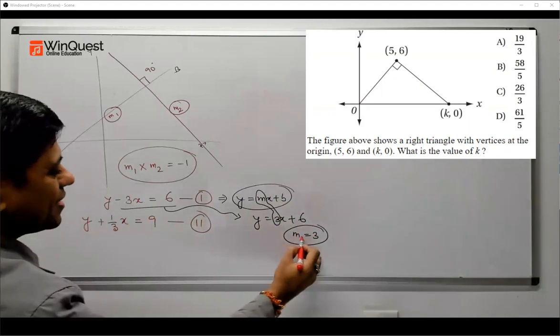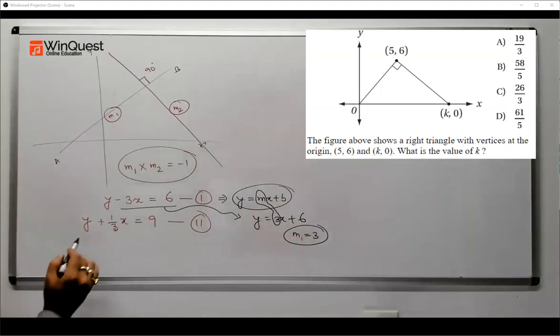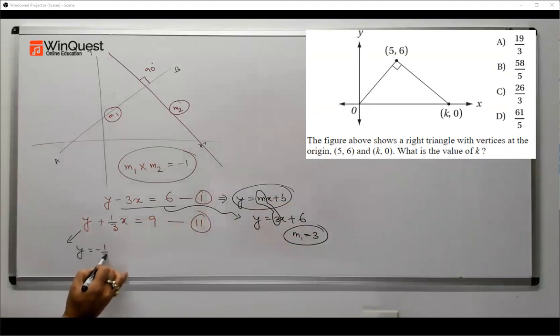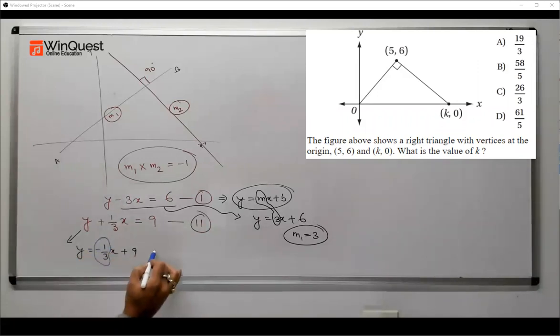M1 becomes 3. Now, if I take this one, y equals minus 1/3 x plus 9, so m2 equals minus 1/3.